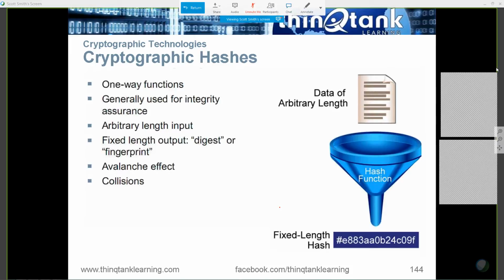If I send you a letter and I want to ensure that that letter is not modified midstream, I put that letter through the hash. I come up with the MAC, message authentication code. I send that to the destination. I send the letter to the destination.